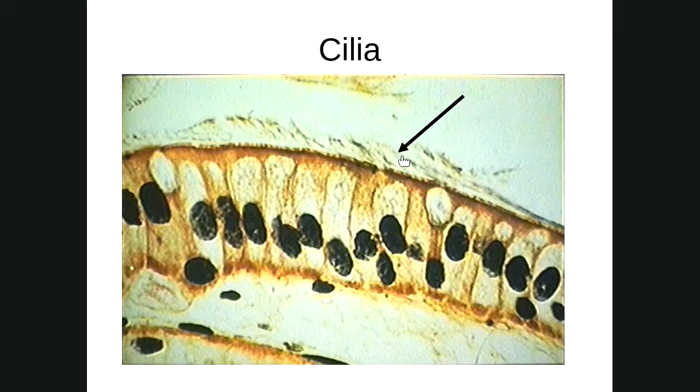So, again, I can't say that this might not show up on the test. When I was making the tests pre-COVID, I didn't show this slide. But if you see this appear on the test, and it's pointing to these structures here, it's not cilia. But that would be the answer, because this might be in the test pool.